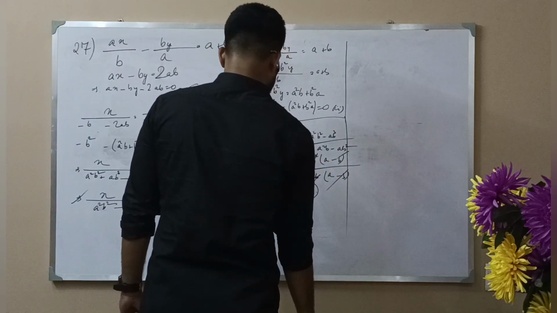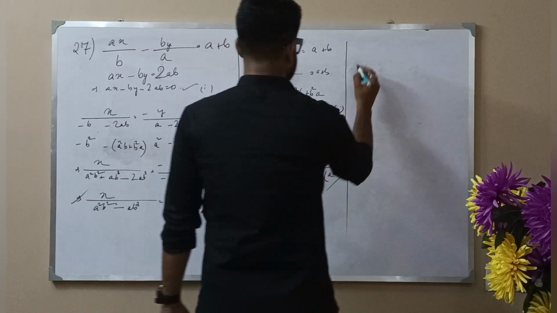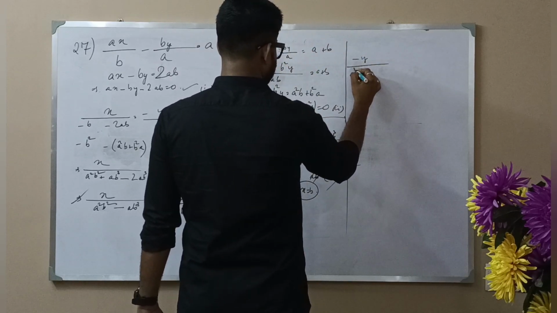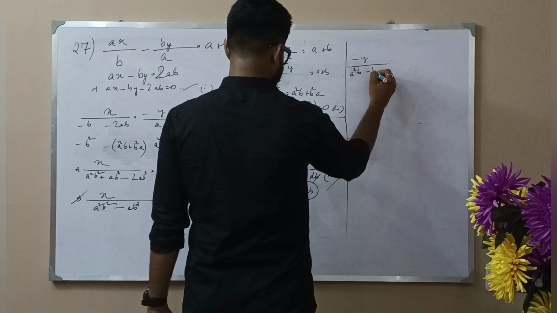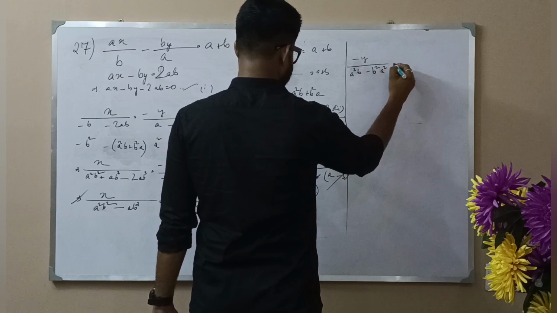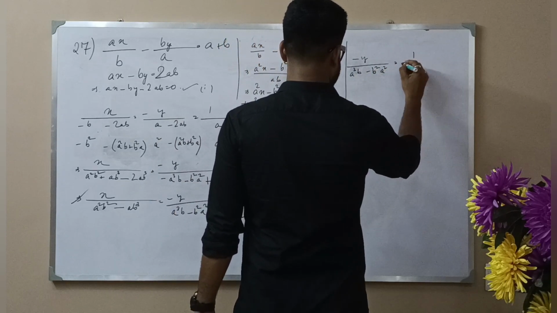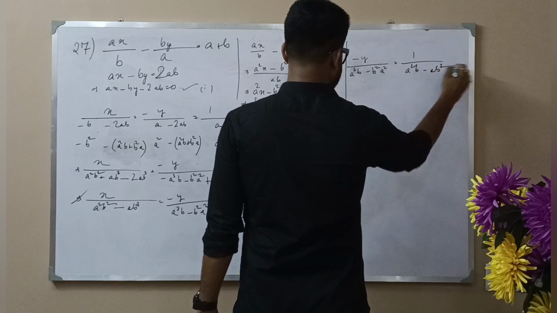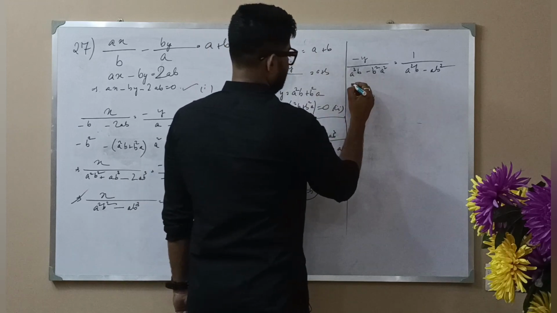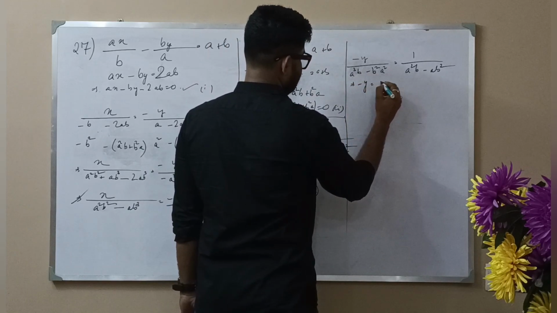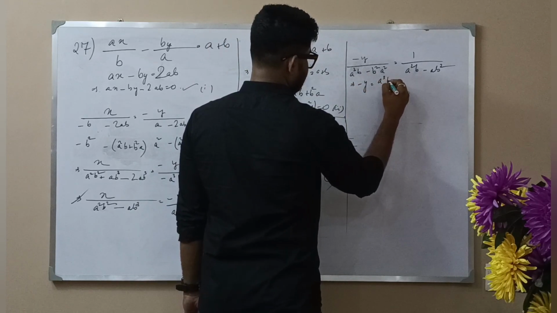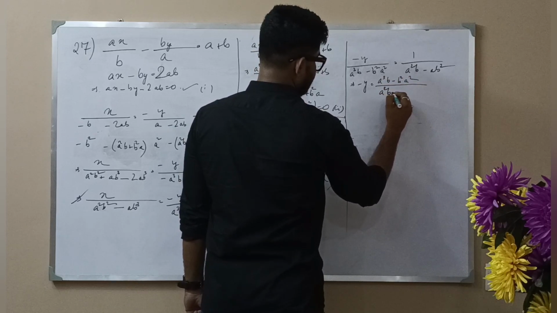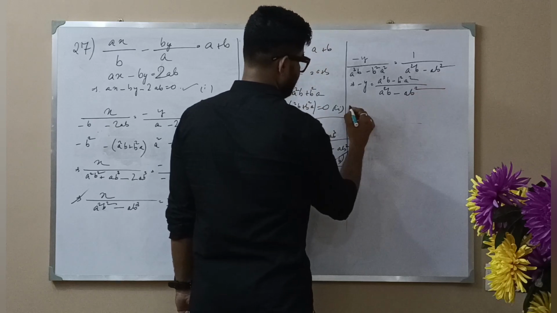Now we'll go for y, so minus of y by a cube b minus b square a square equals to 1 by a square b minus ab square. Minus of y equals to a cube b minus b square a square by a square b minus ab square.